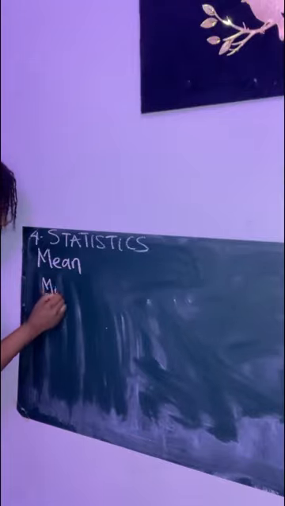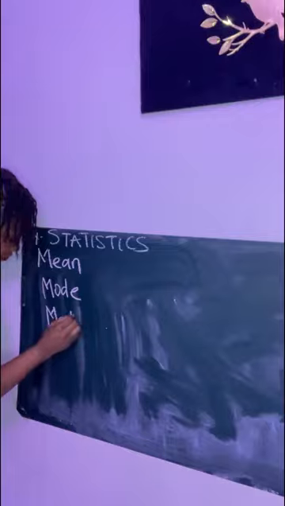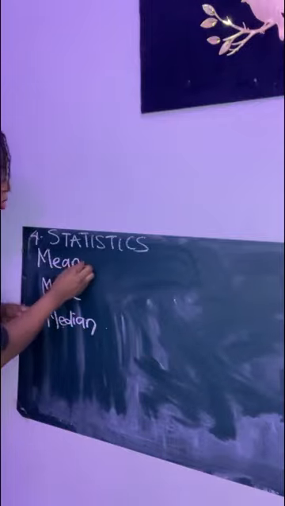When we talk about mean, it talks about the average. So if you are given 10 values, you add all the 10 values together and you divide by 10. So mean talks about the average of every value that you have.